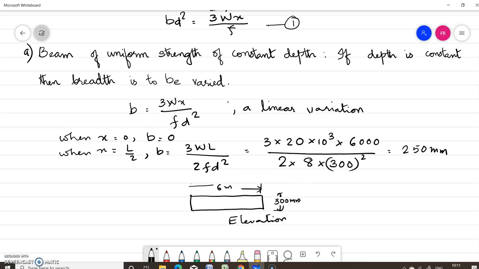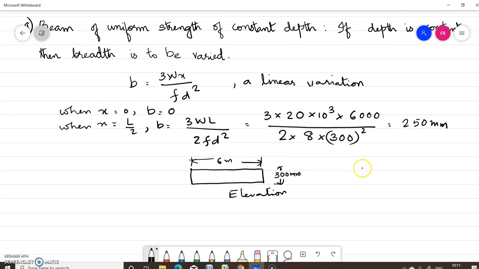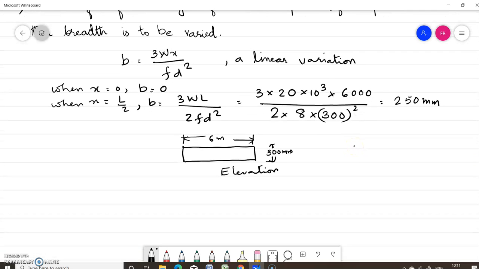Now if you draw the plan of this beam, you can see the breadth is varying. So breadth is maximum at the center of the span. So this is equal to 250 millimeter. So this is the plan of this beam.